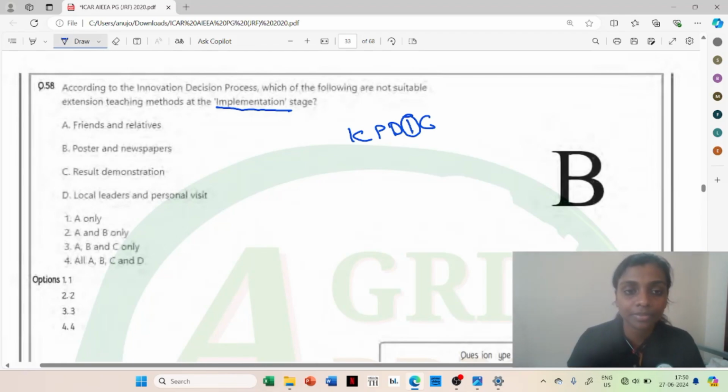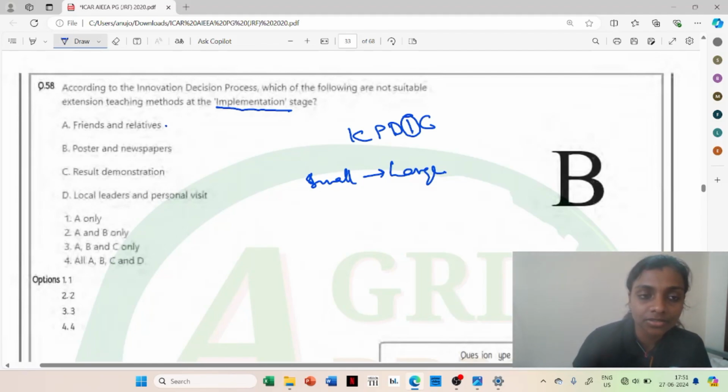At the implementation stage, the farmer is actually implementing the technology, either on a small scale and then progressing to a larger scale, or on whatever land he has. Friends and relatives are needed when you are developing an interest in the technology, especially in the persuasion stage; they will be more helpful there. So they are not suitable at implementation, so A can become the answer.